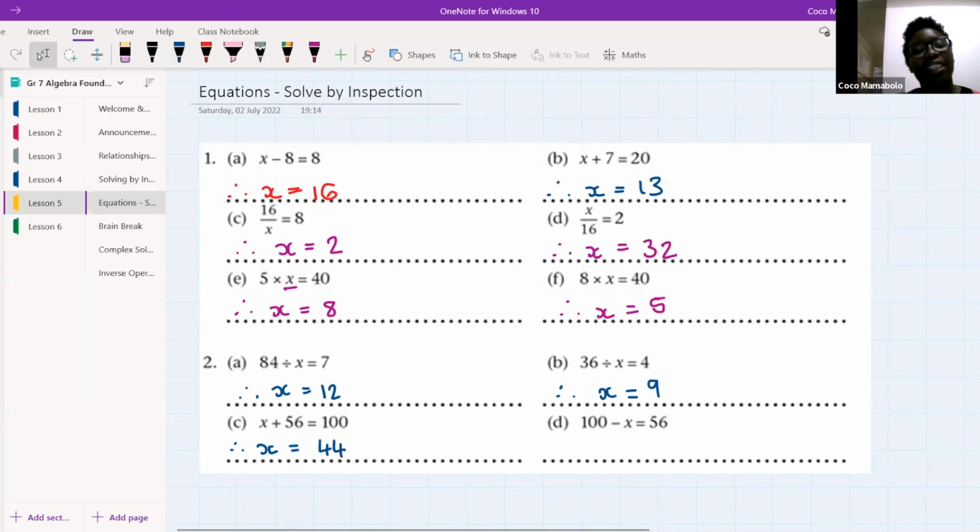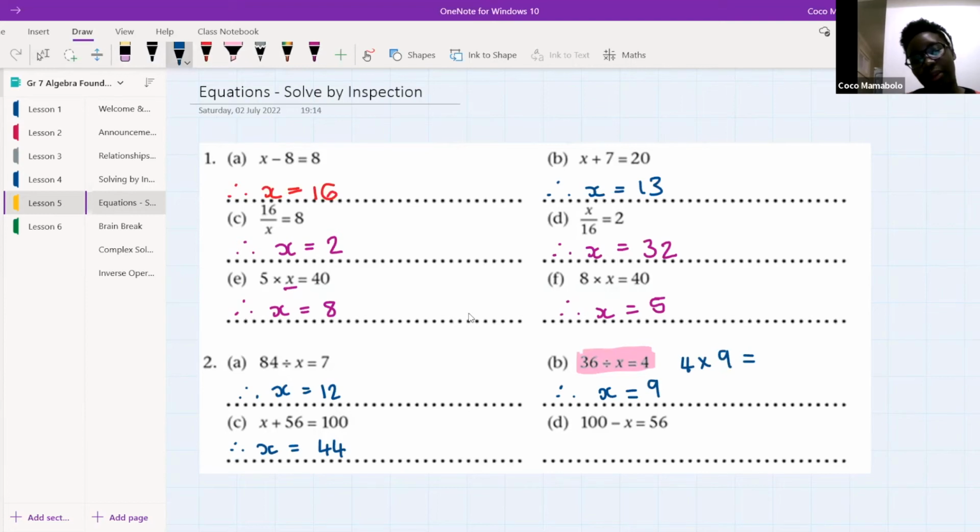Very well done. Nagy says to me, ma'am, can you explain how you do the divide questions? All right, Nagy, what we're actually doing is reverse multiplying. Let's look at this one over here. We're doing the reverse of multiplication. If I said to you, 4 times 9, what would my answer be?